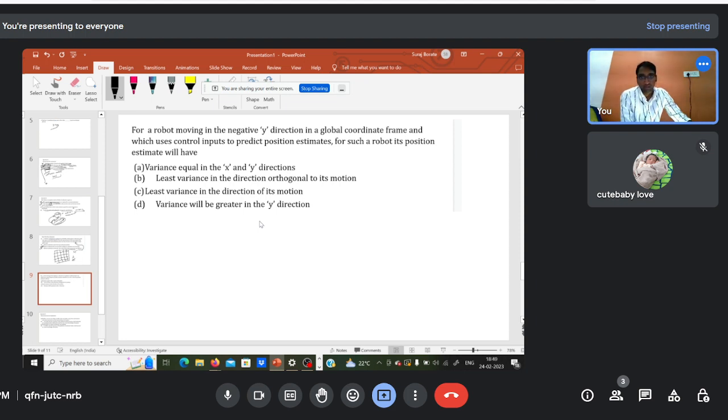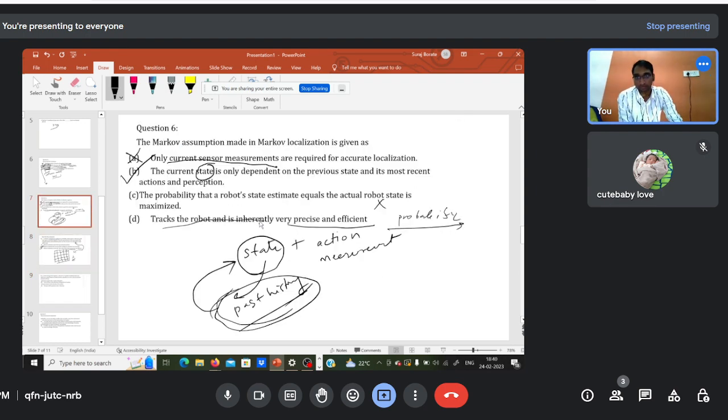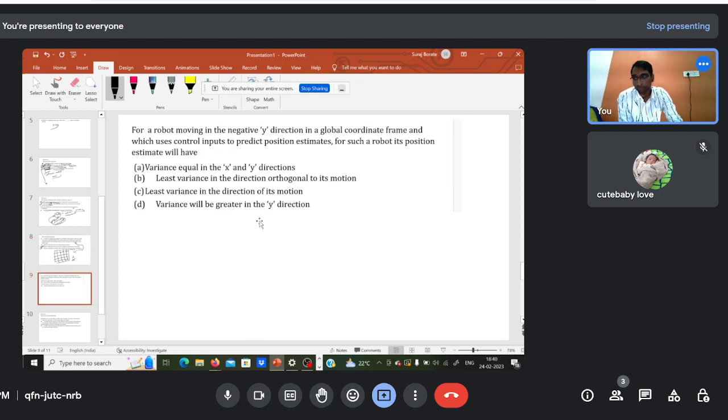That estimate is coming in the direction of the motion of the robot, right? Is it clear?